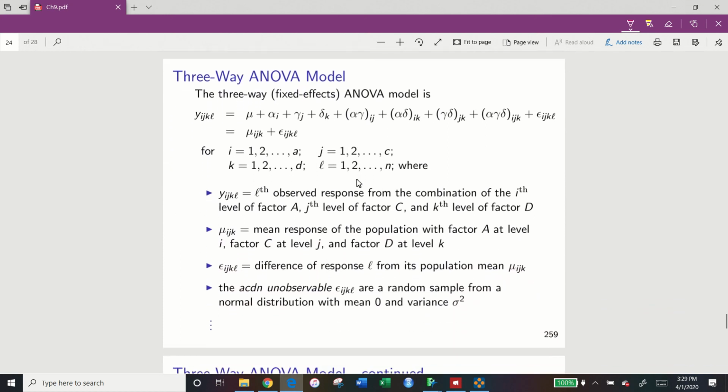So first off, let's take a look at the three-way ANOVA model.